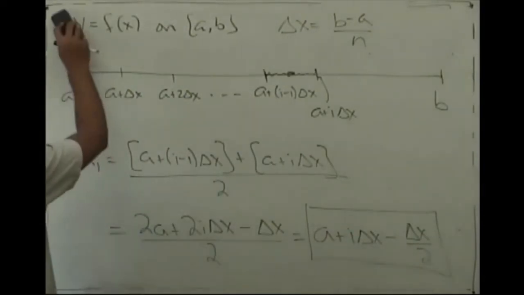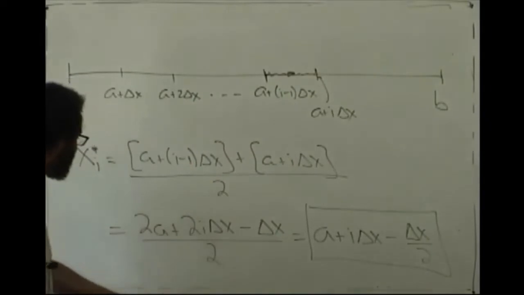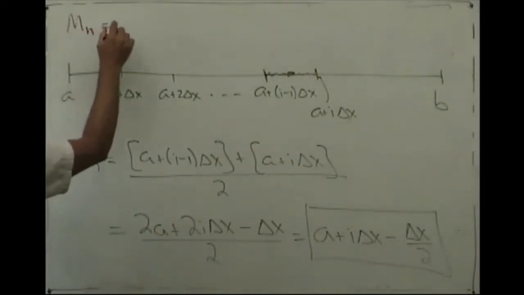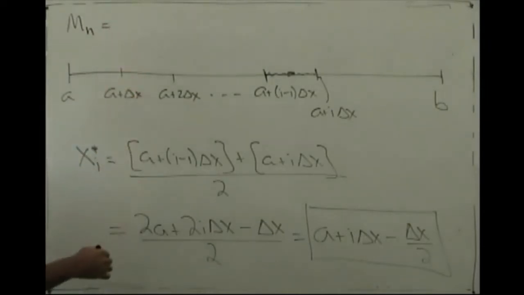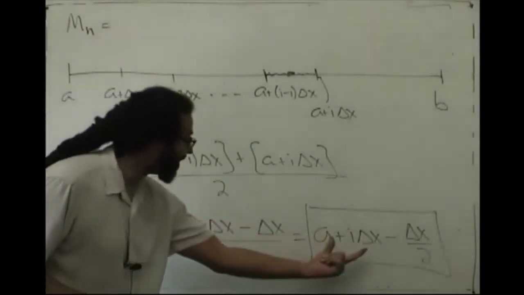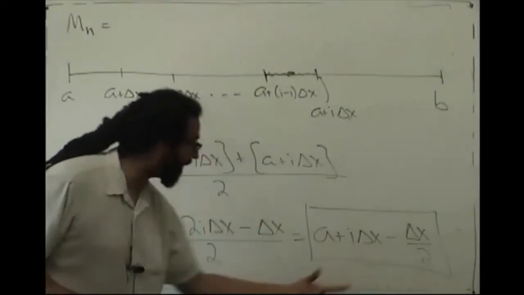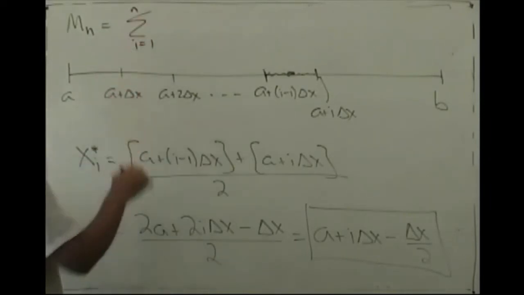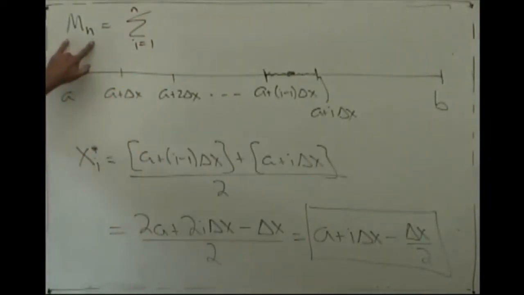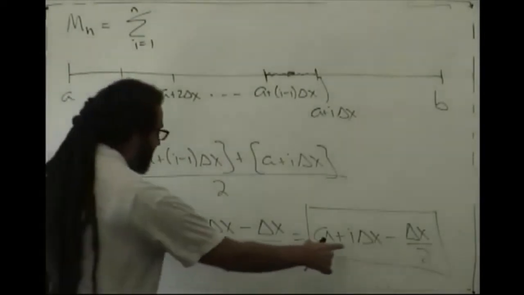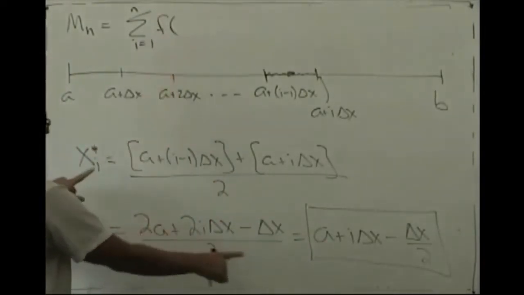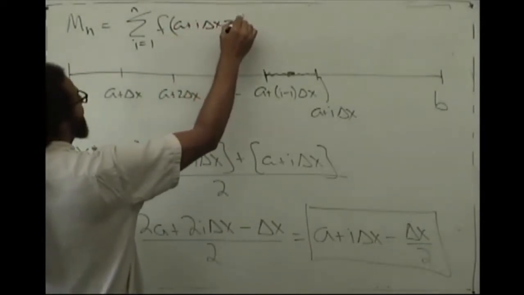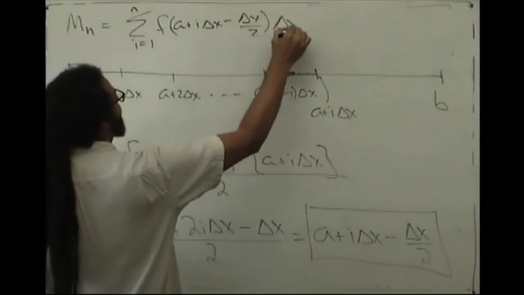And now that I have my sample point, that tells me the height of each rectangle is going to be f of xi star, or f of this thing. So to get an approximation, I want to add up all the areas. The height is f of xi star, so f of a plus i delta x minus delta x over 2, times delta x.